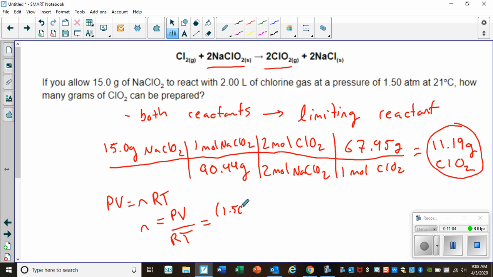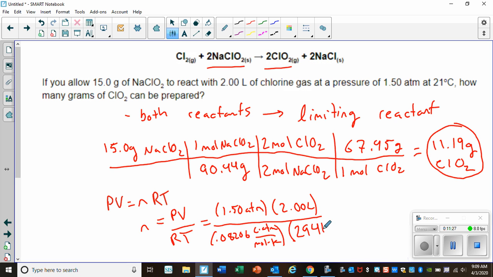So we have the 1.5 atmospheres, our 2-liter container. At the bottom here is 0.08206 liter atmosphere per mole Kelvin. And then over here, our temperature, which is going to be 294 Kelvin. So I did convert that just in my head, 273 plus 21.